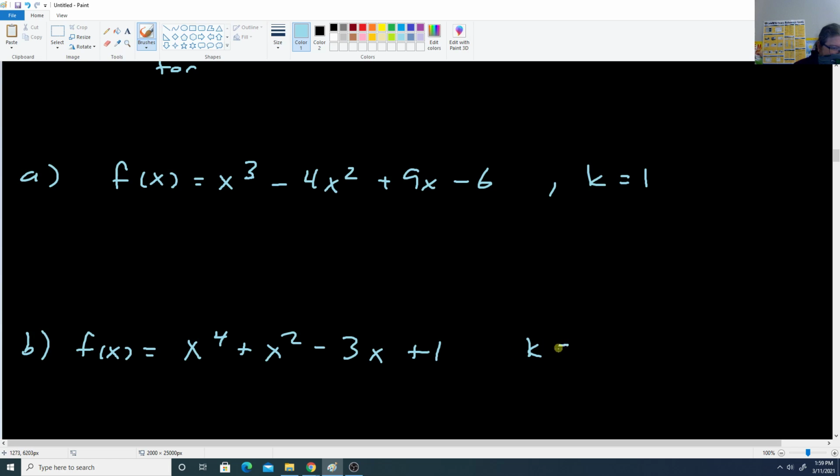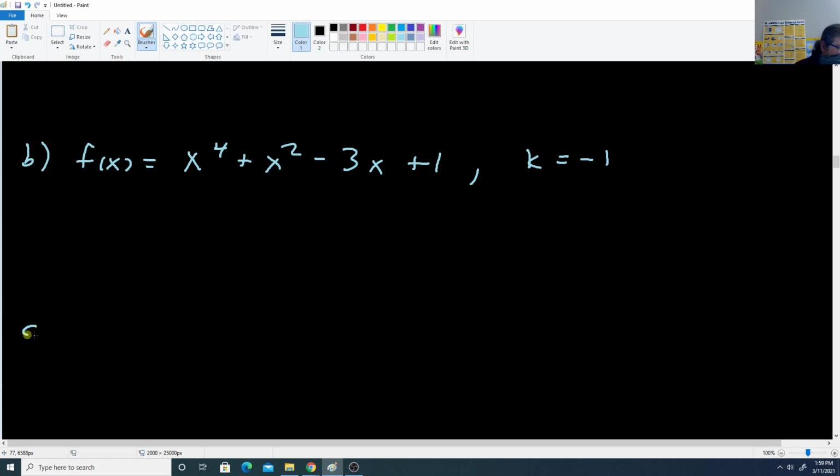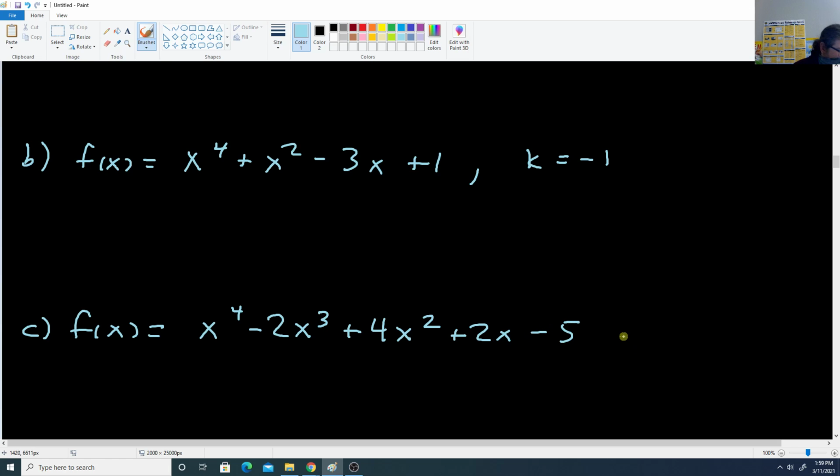They give us a k of negative 1. And then part C, f of x is x to the fourth minus 2x cubed plus 4x squared plus 2x minus 5. And they give us a k which is equal to 1 plus 2i.